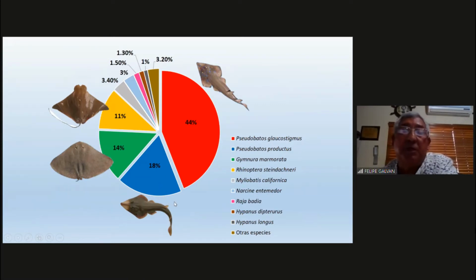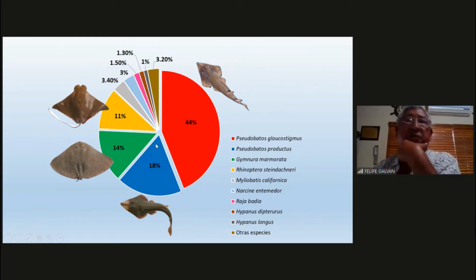We need to do more research to recognize what species it is, because some information mentioned that it probably is Pseudobatos productus, and also the butterfly ray and the golden cownose ray.